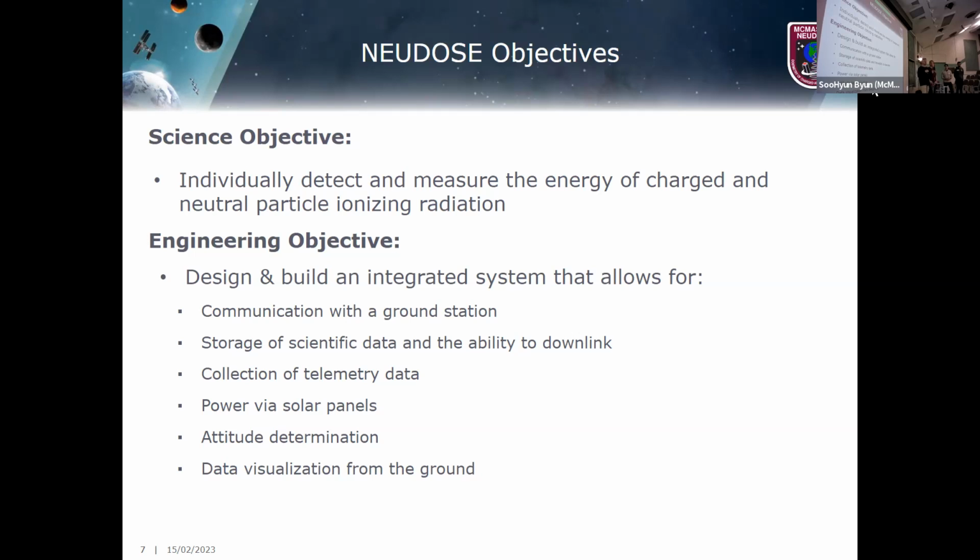Designing and building an integrated system that allows for communication with the ground station, storage of scientific data, and the ability to downlink all of that information. We have the collection of telemetry data, power generation with our solar panels, our attitude determination system, as well as data visualization from the ground.